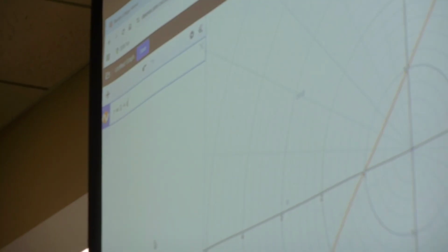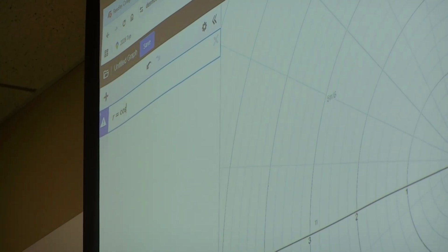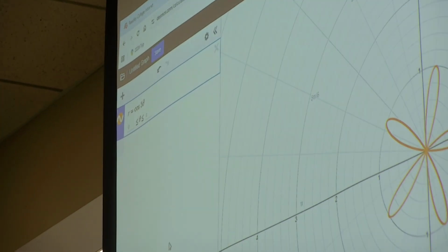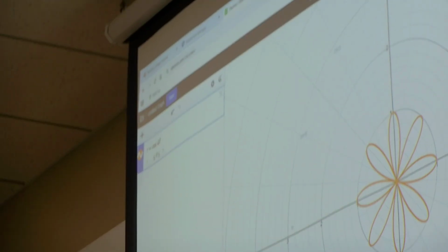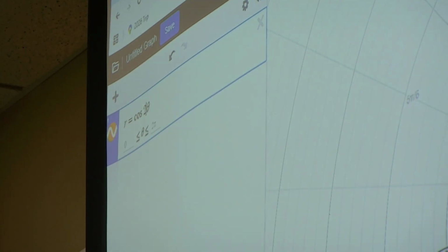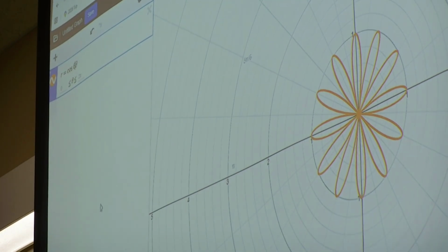But check this out, if I do cosine, it's different. If I do 5 theta, you got your 5 petals, but watch when I do 4. Get 8. Twice as many. If I do 3, I get 6. The even numbers give us twice, I think, 6 is 12.